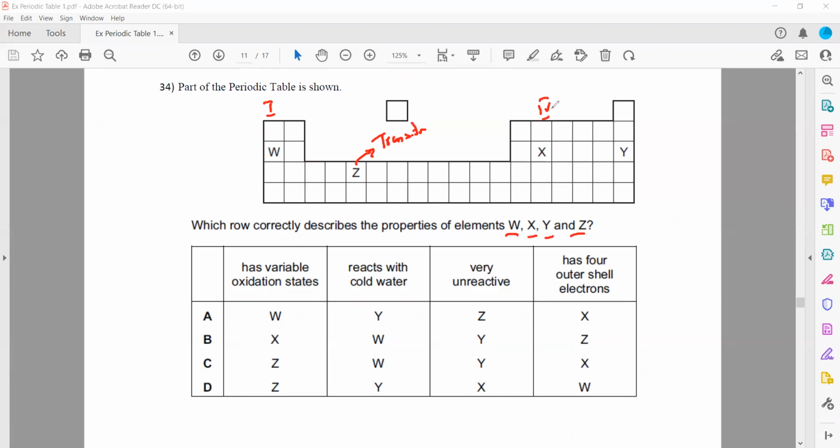Group 4 means they will have 4 electrons in the outermost shell, or a tendency to form long chain compounds, catenation, or macromolecules. And what about Y? That is group 8. As we know, it is group 8, so it will be unreactive.